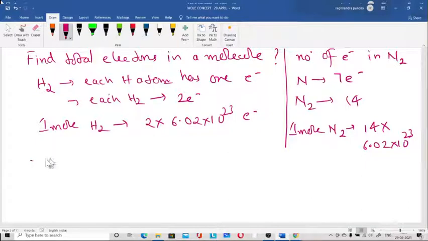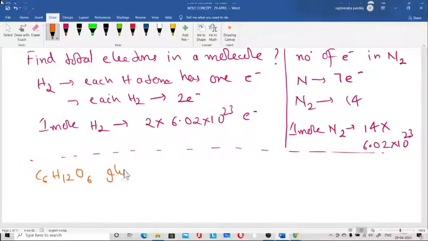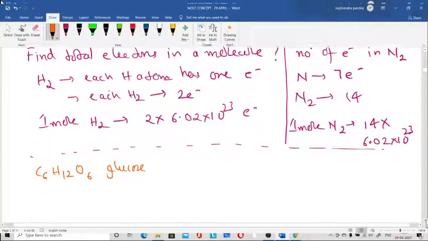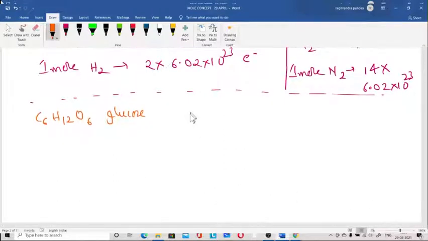Got it? Now these are the simple molecules. Now let's take glucose, C6H12O6. Each carbon has atomic number 6, so 6 electrons. But do not say that atomic number is equal to electrons. It is always protons, because the electron count changes when ions are formed. Carbon has 6 electrons, hydrogen 1 electron, oxygen 8 electrons.